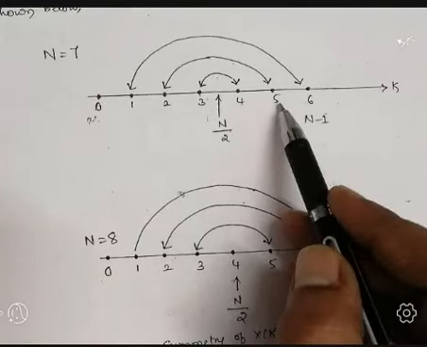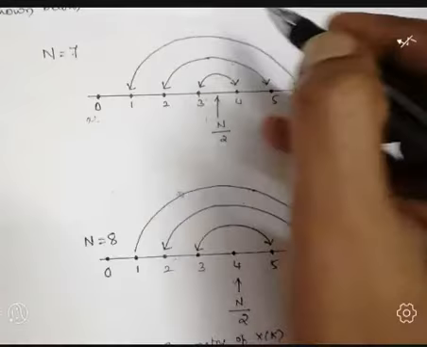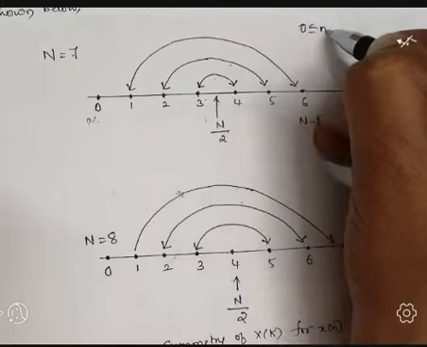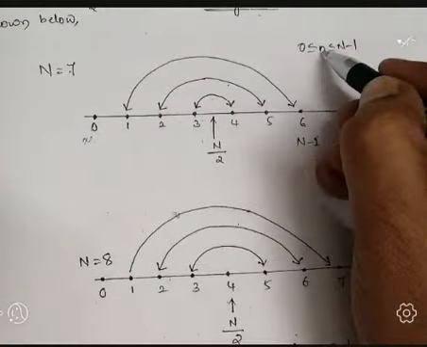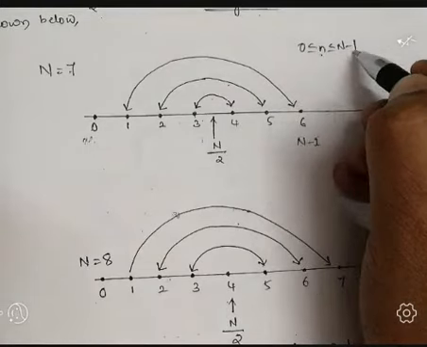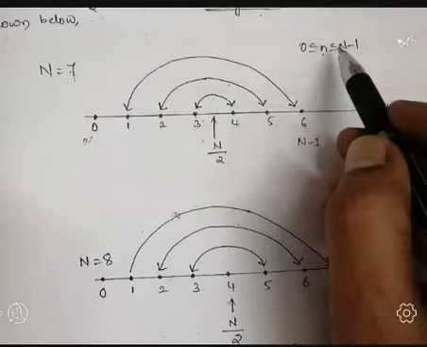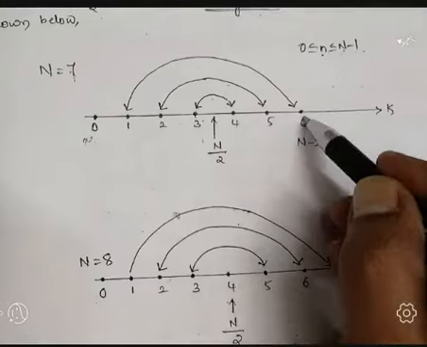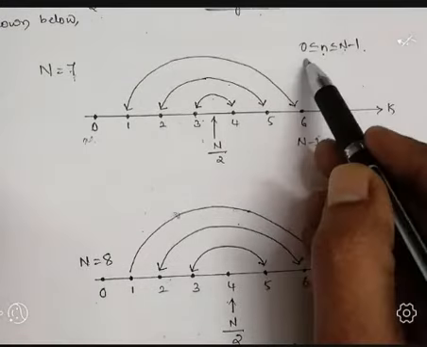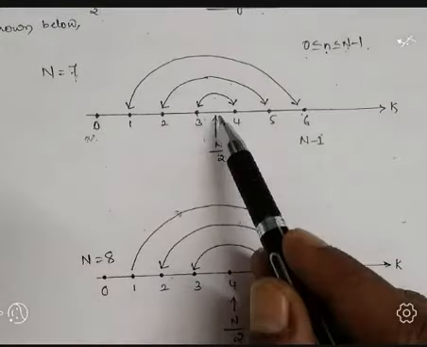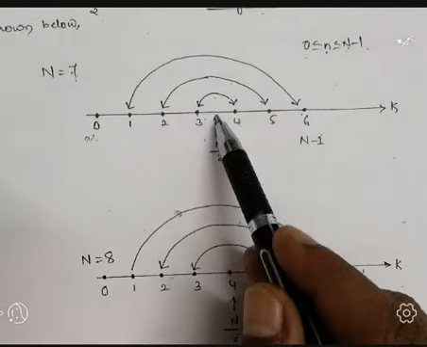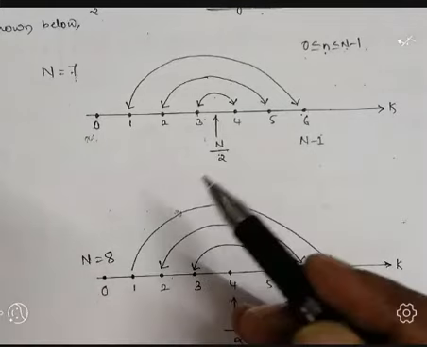N equal to 7 means the samples vary from 0 to 7 minus 1, so the last sample is 6. So 7 by 2 means 3.5. It is the midpoint. Then how do we calculate the conjugate symmetry?